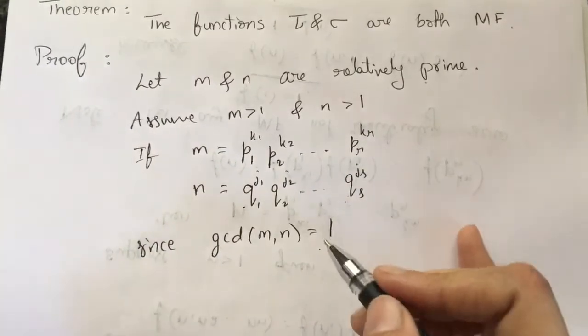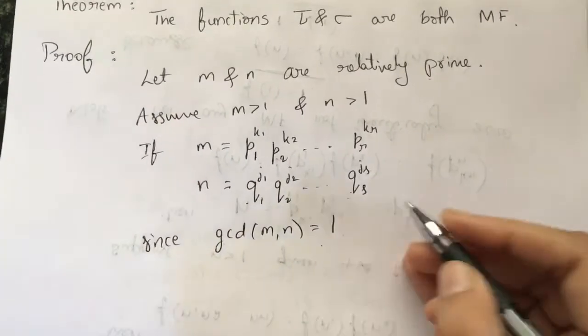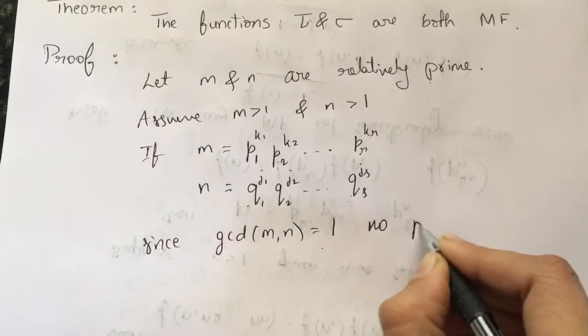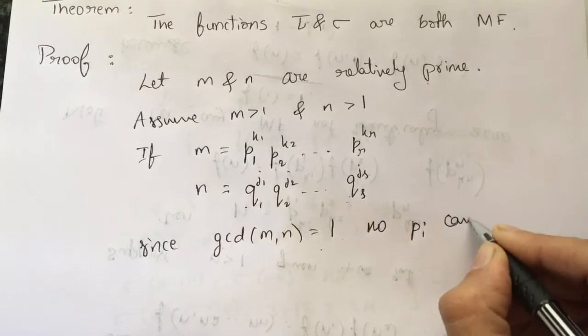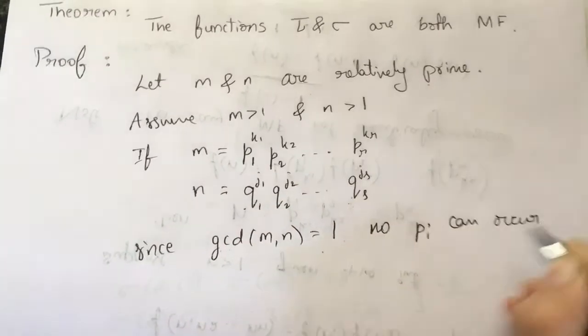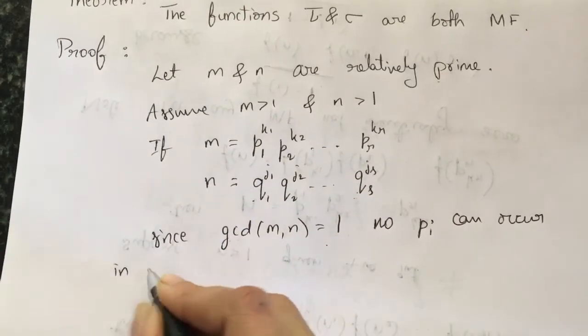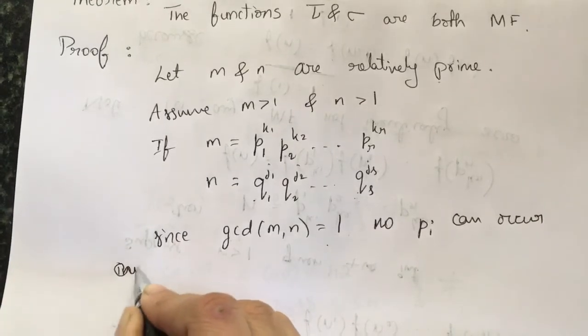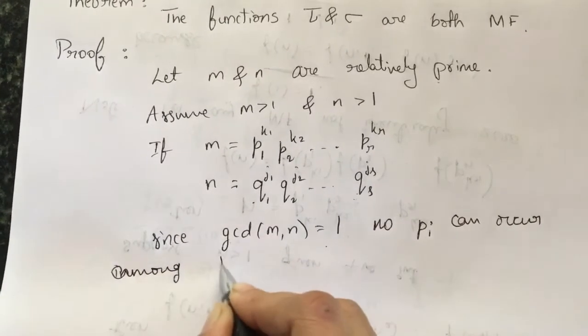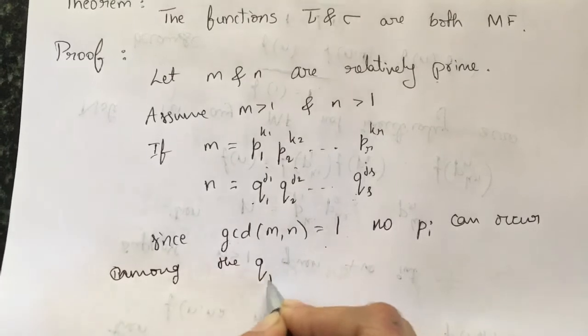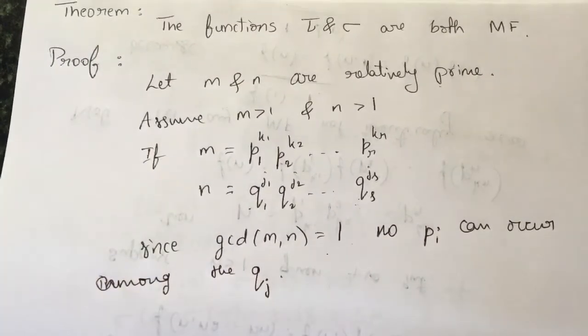Since their GCD is 1, no pi can occur among the qjs.